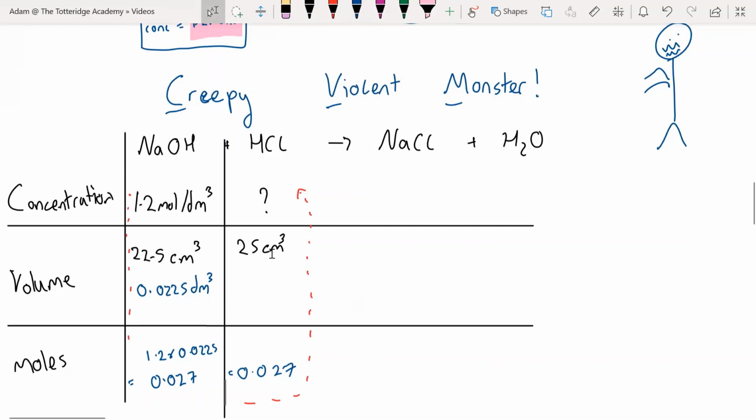Well, hang on again, it's in centimeter cubed. Let's quickly change that straight away to decimeter cubed: 0.025 dm cubed. And I now have enough information to work out what should go over there.